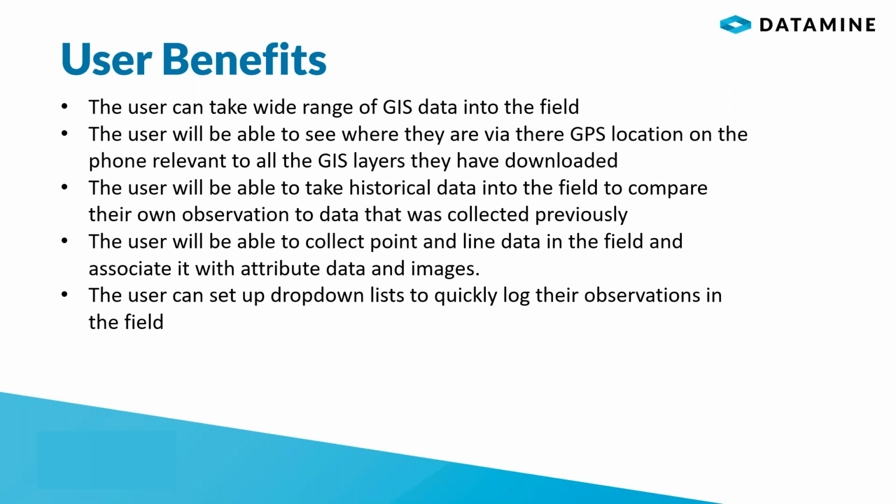But we don't only want to take historic data. We, of course, want to capture new data in the field as well. So you'll be able to collect point and line data in the field, capturing it together with attributes. You can add images and photos, or you can record a track of the route you walked.